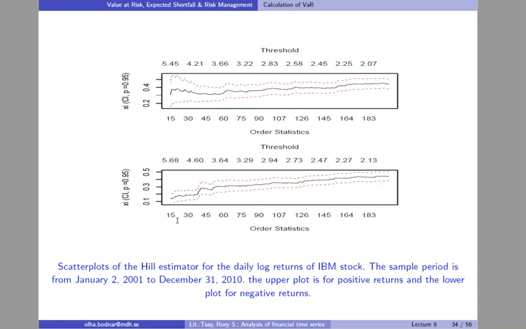Look, these estimators actually follow the curves pretty well: estimators for positive returns, estimators for negative returns.